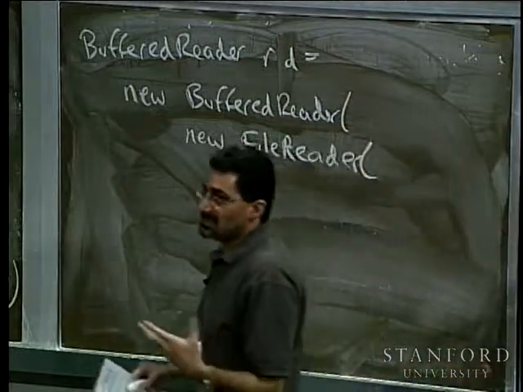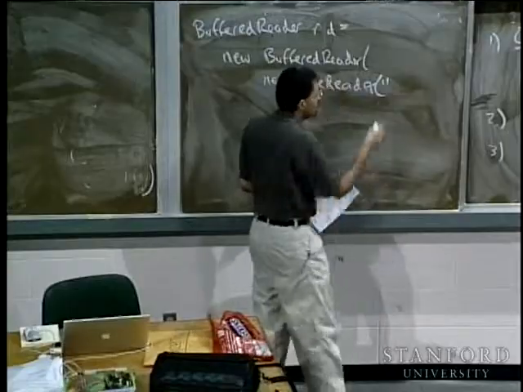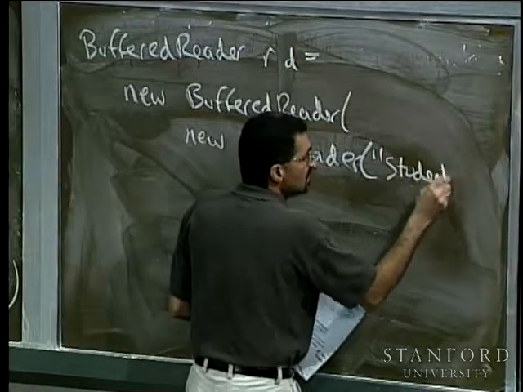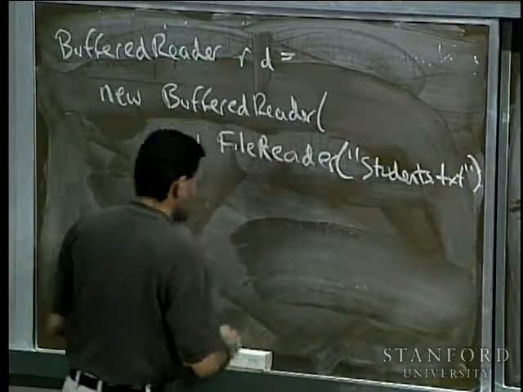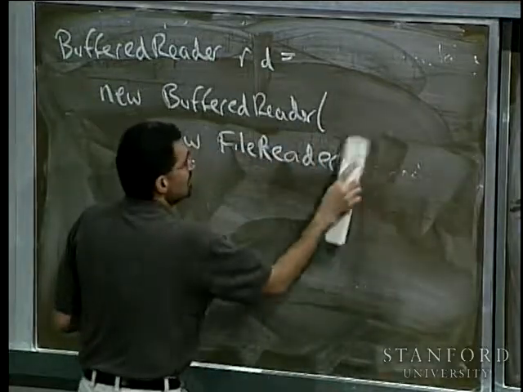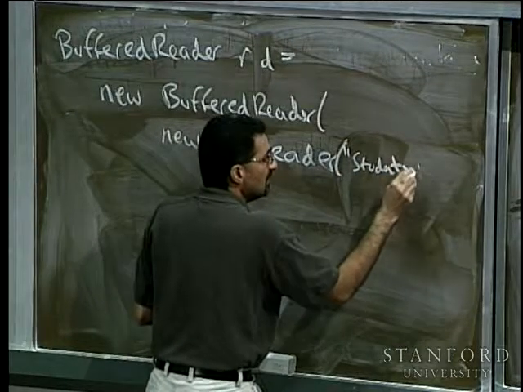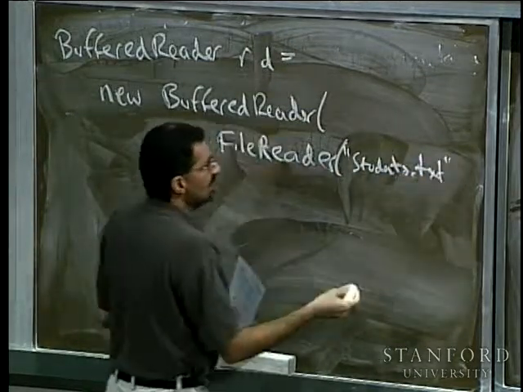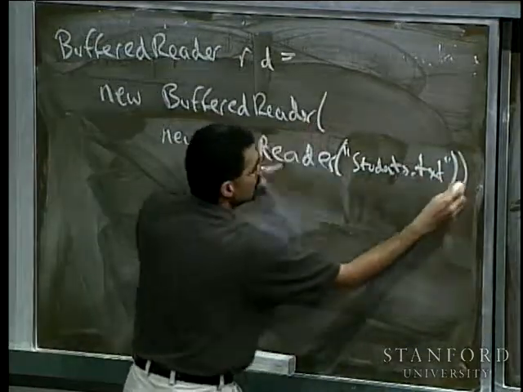So if the file on the disk is called, like in this example, students.txt, I'd actually give it here as a string, students.txt. I need a space for a few extra parens there, so let me write that a little bit smaller. Students.txt, that's the end of the string. Then I have this paren to close that paren and another paren to close that paren.